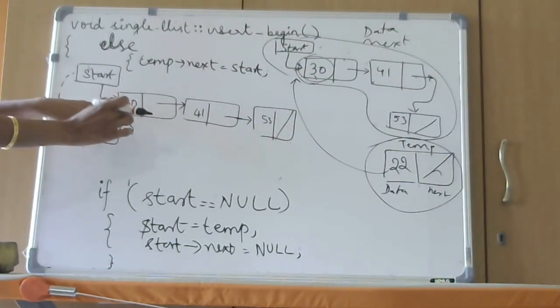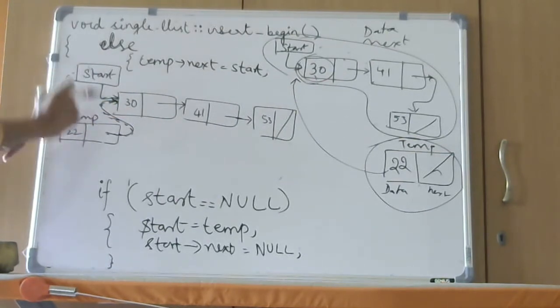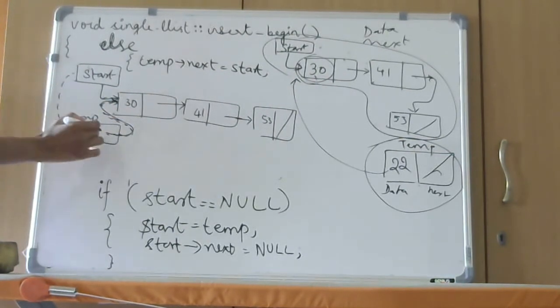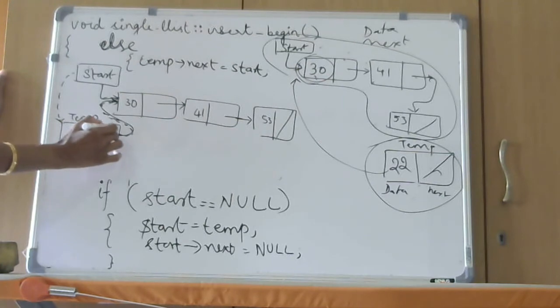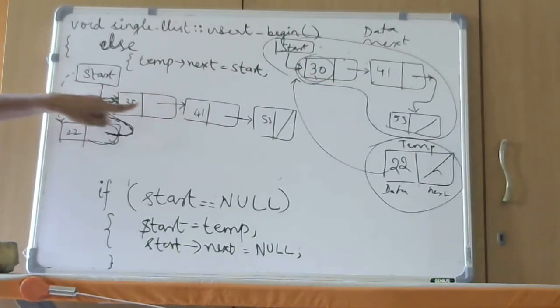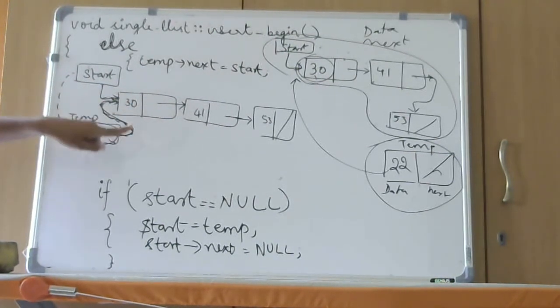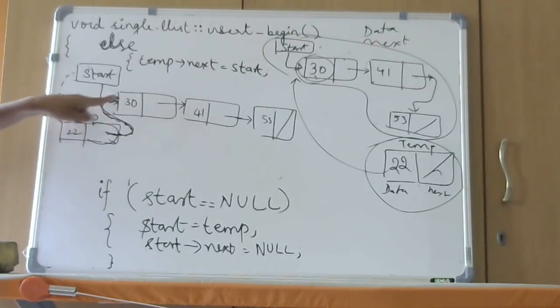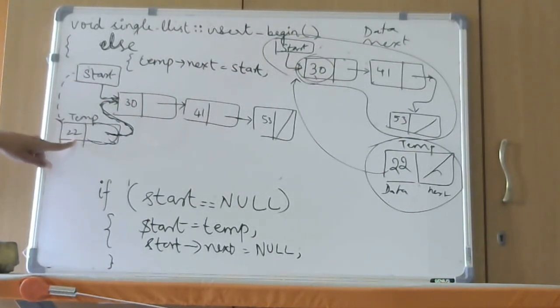Start should not anymore point to 30 because that's not the first node. 22 becomes your first node. So what will happen? This pointer should not be null now. It should be pointing to the second node. How do I access this node? This node is nothing but currently it is the start. Okay. So temp of next will become start. What will be the new start? New start will be your temp.